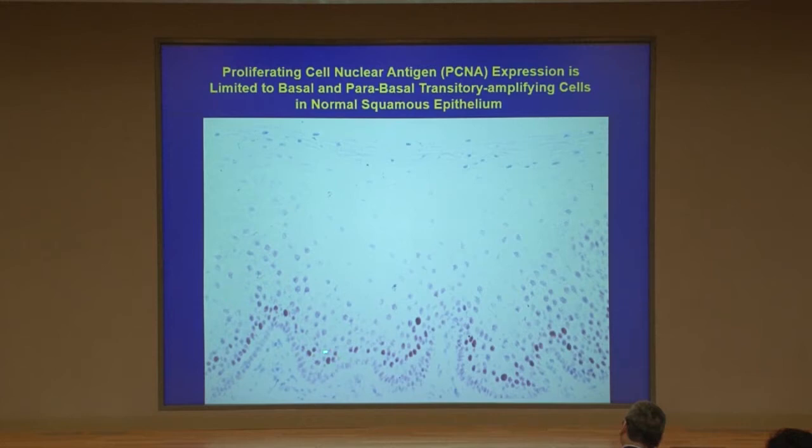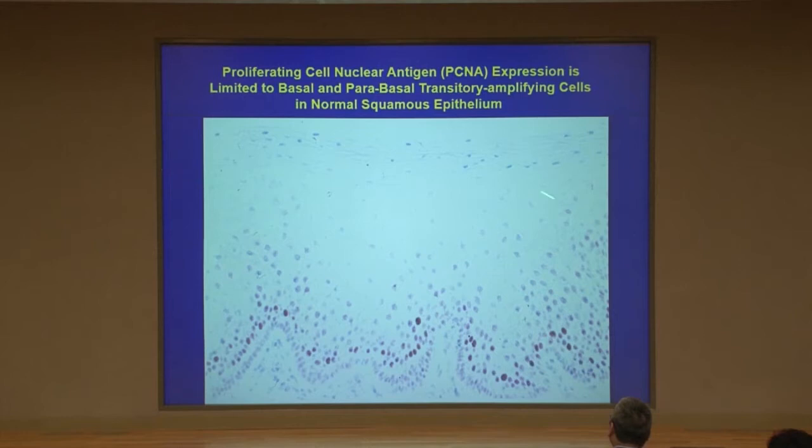One of the daughter cells remains behind, and one daughter cell is pushed up to differentiate. Okay? And so we are here probing for a cellular protein called proliferating cell nuclear antigen, and that's essential for cellular DNA replication. Okay? And basal cells are actually fairly quiescent, and only the parabasal cells divide.